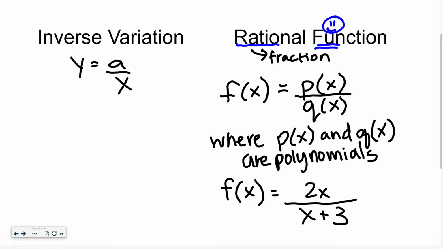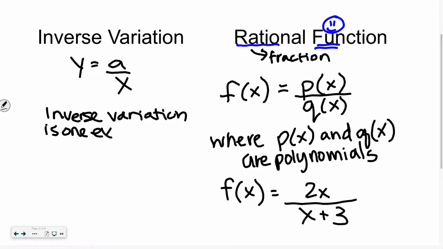I mean, this y equals a over x, this inverse variation, is really just a rational function. So inverse variation is one example, and I'm going to put a qualifier here, simple rational function.